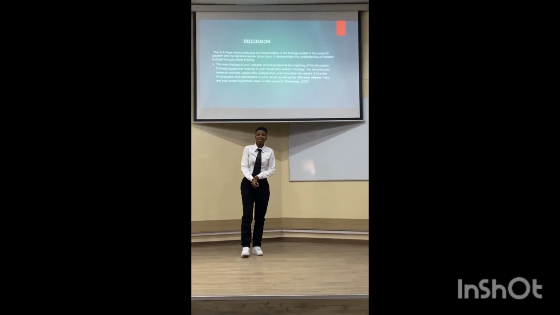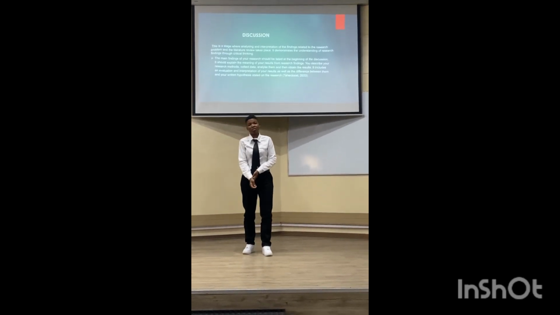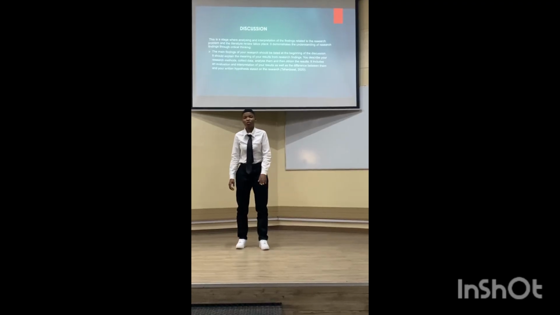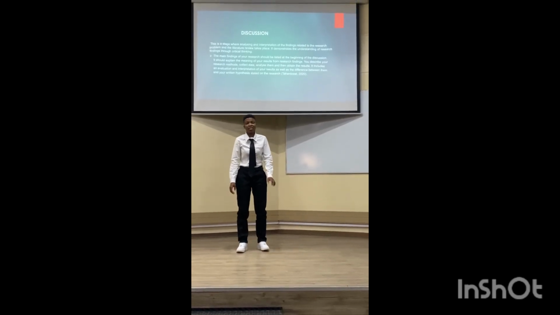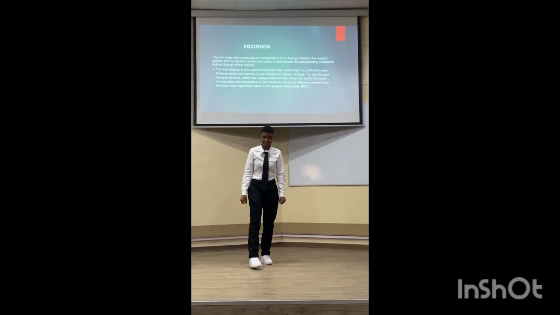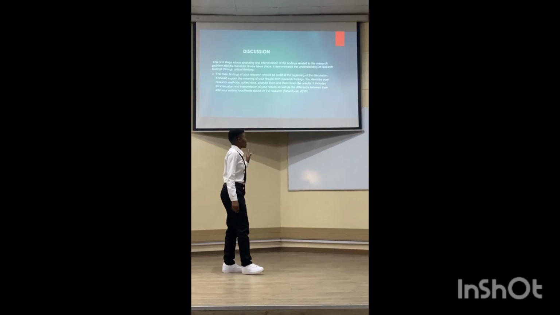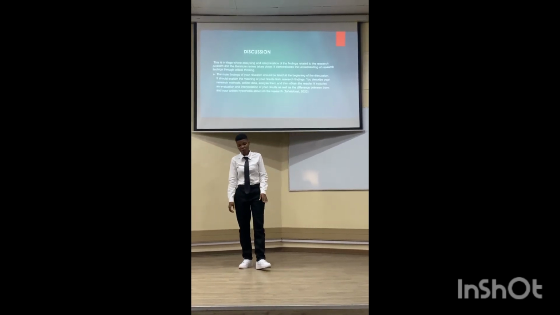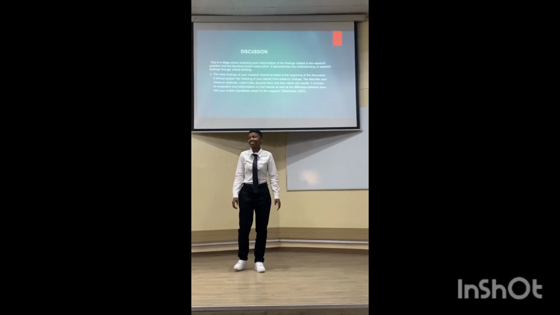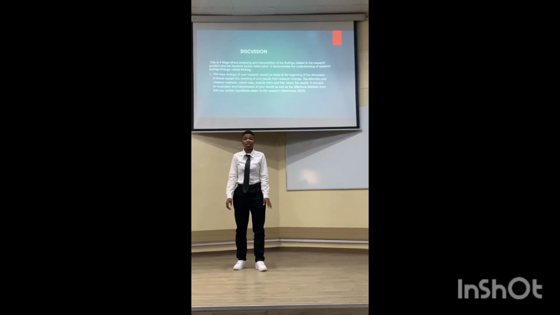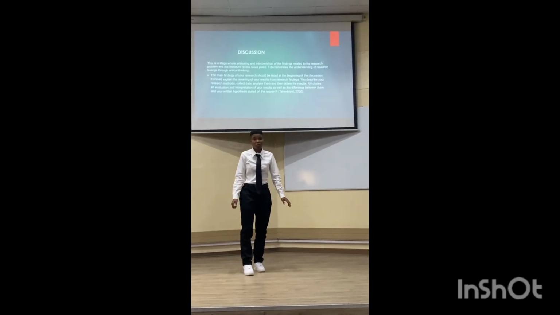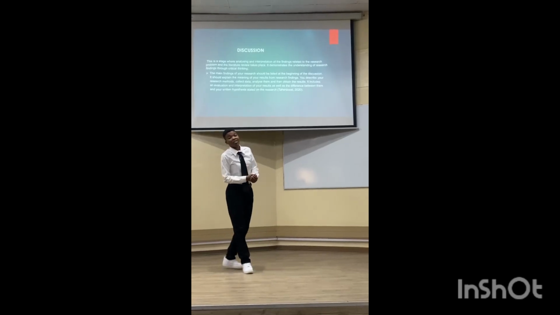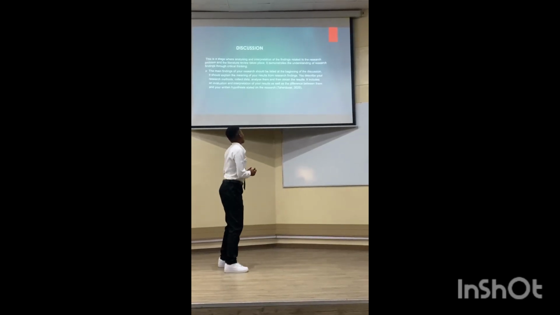Discussion. This is a stage where analyzing and interpretation of the findings related to the research problem and the literature review takes place. It demonstrates the understanding of the research findings through critical thinking. For more information, critical thinking is the ability to actively and objectively evaluate information to form a research judgment or decision.